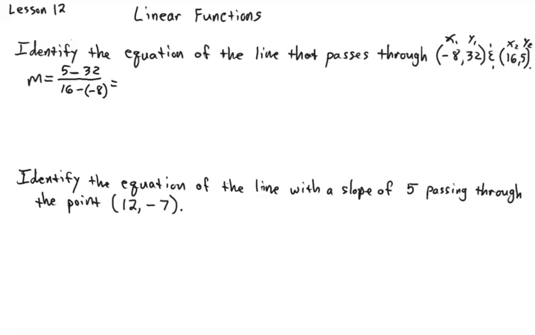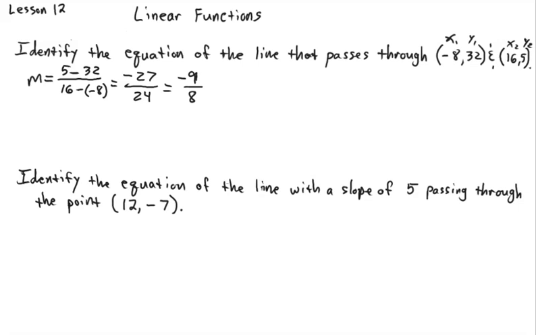And so 5 minus 32, that's negative 27. And then 16 minus negative 8 is the same thing as 16 plus 8, and that's 24. Now, both of these numbers, 27 and 24, are divisible by 3. Negative 27 divided by 3 is negative 9, and 24 divided by 3 is 8. And so the slope is negative 9/8.